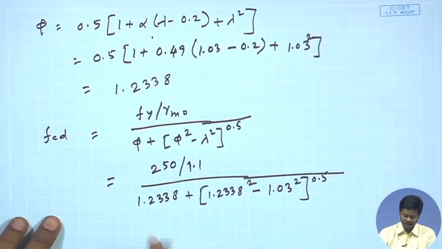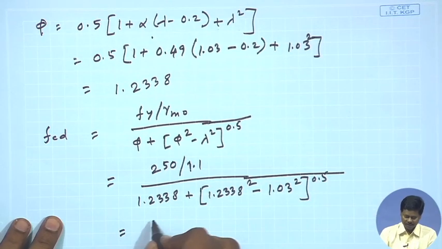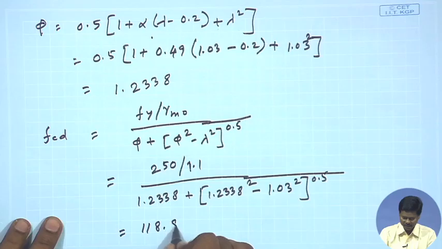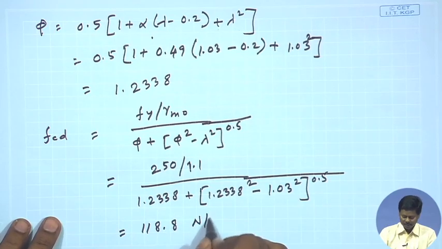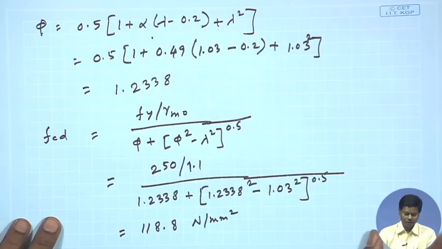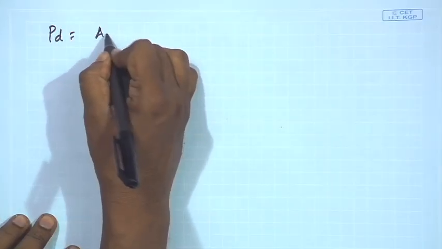So, from this I can find the value of FCD as 118.8, right, Newton per millimeter square.